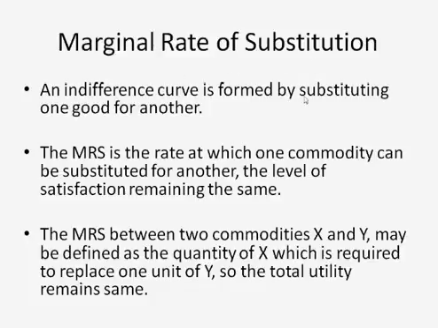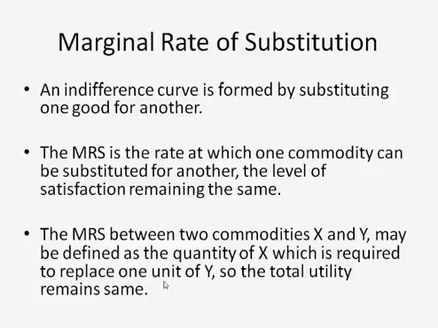An indifference curve is formed by substituting one good for another. The marginal rate of substitution is the rate at which one commodity can be substituted for another, the level of satisfaction remaining the same. The MRS between two commodities X and Y may be defined as the quantity of X which is required to replace 1 unit of Y, so that the total utility remains the same.